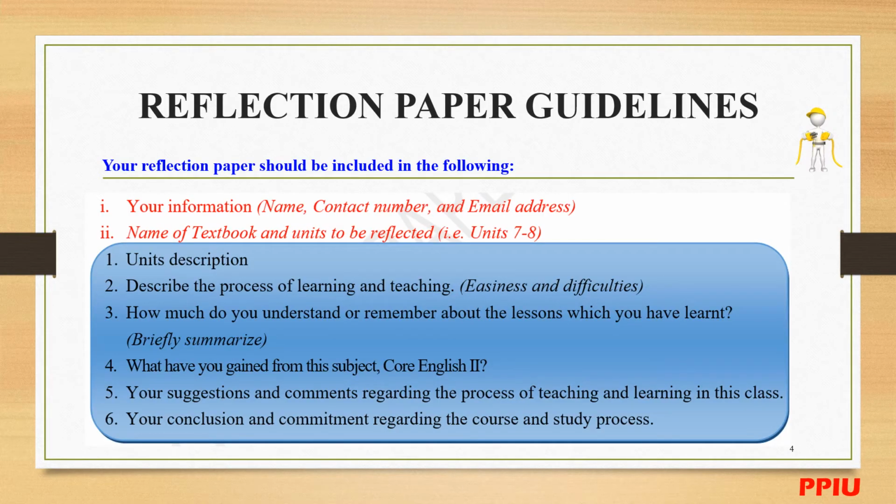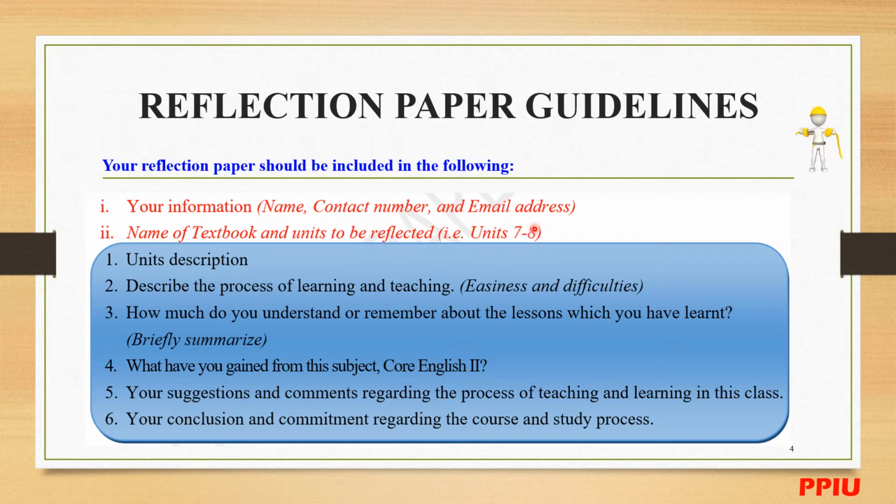Okay, here are the reflection paper guidelines that your reflection paper should include. The first one: in each of your papers, you better include your information like name, contact number, or email address.